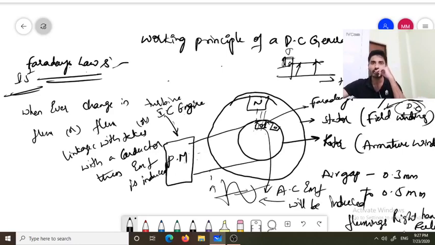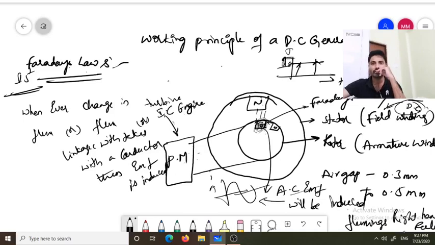At that time we are giving a DC excitation to the field winding. What happens whenever the DC excitation is given? Uniform current will be passing through the winding and uniform flux will be produced. That uniform flux linking with the rotating armature conductors, according to Faraday's laws of electromagnetic induction, induces an EMF in this conductor. That EMF is nothing but an AC value of EMF.